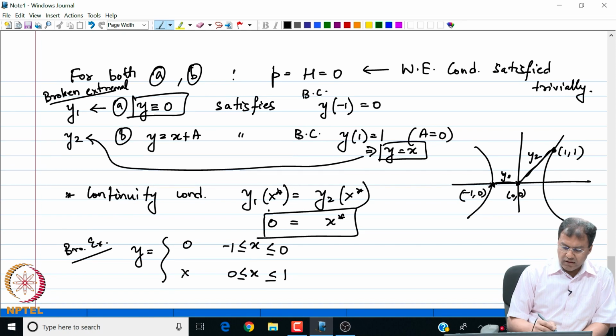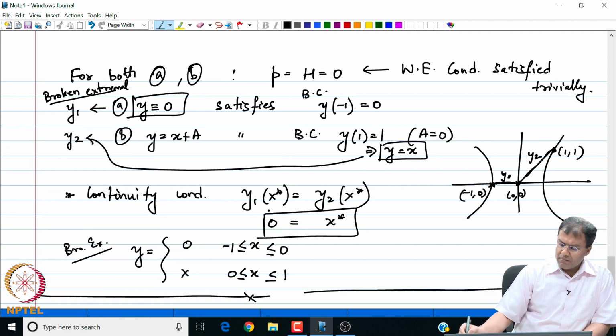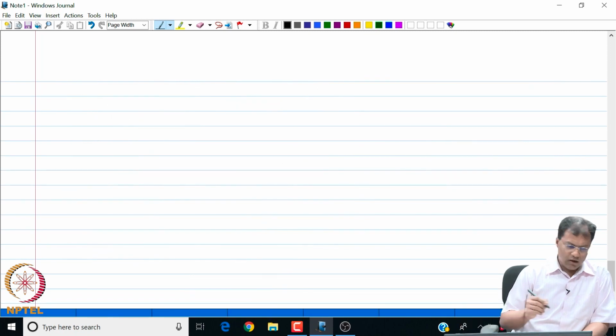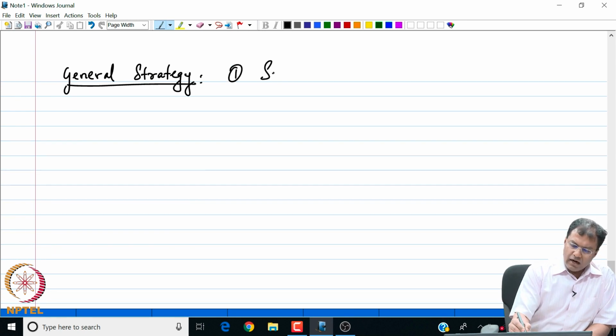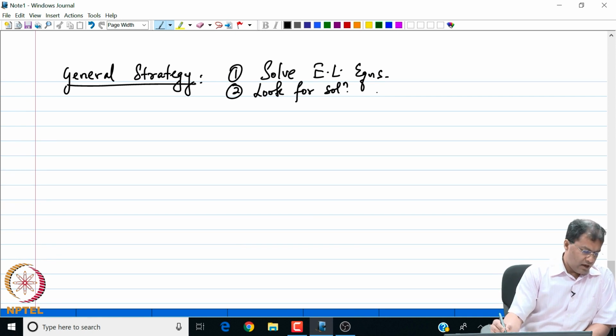So we have at least found an extremal which satisfies the Euler-Lagrange equation and also the Weierstrass-Erdmann condition. Let me summarize our discussion in this topic by saying how to find this class of broken extremals. The general strategy is the following: we solve our Euler-Lagrange equation, and we look for solutions satisfying the boundary conditions.